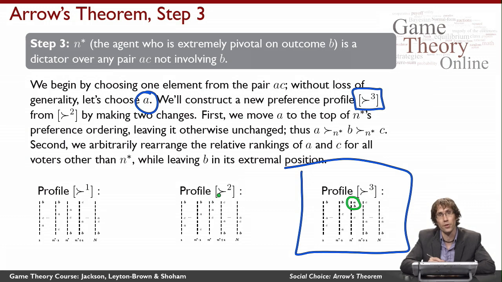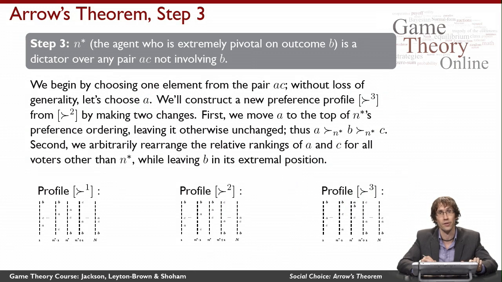The ones that are bold are things we've made explicit assumptions about, and the things that are not bold are given for illustrations, but we haven't actually assumed. So if you can make it out, you'll see here A is not bold because we haven't assumed anything about where it goes, and over here A becomes bold because now we've assumed that it goes to the top of n star's ordering. All right, so anyway, we're making two changes.